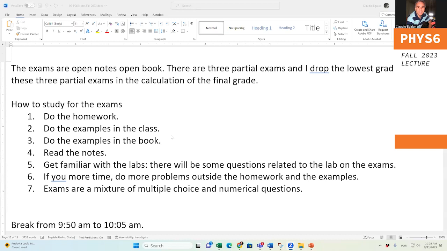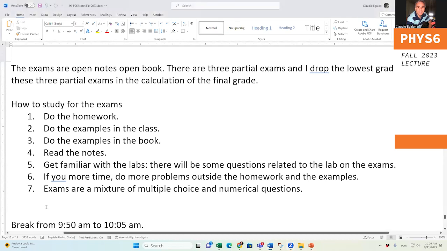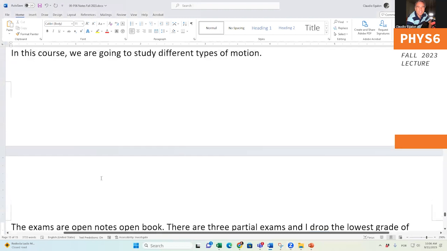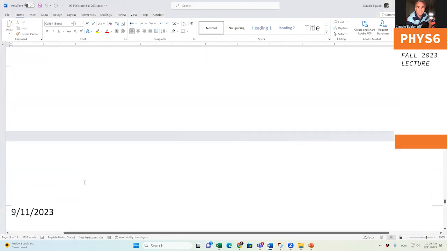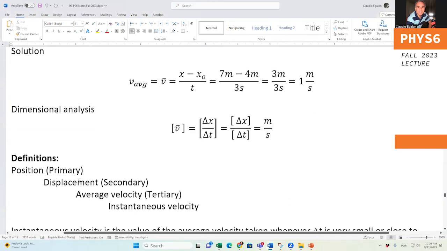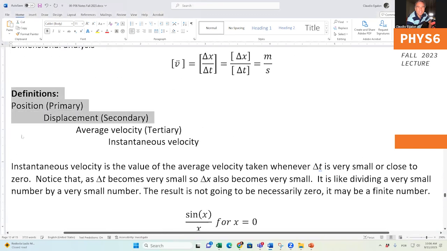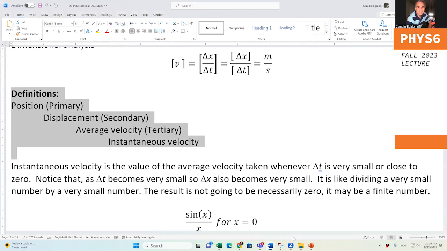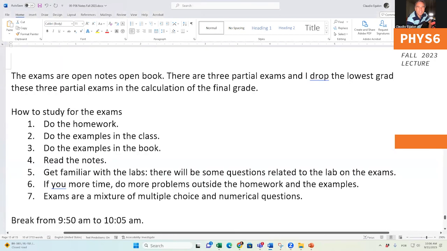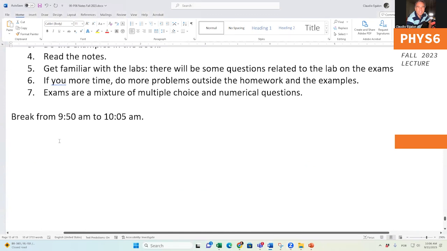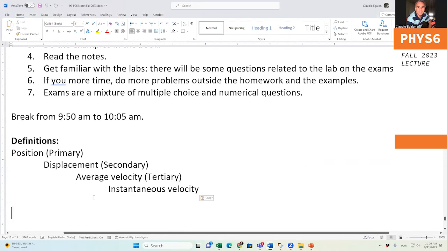Okay, I'm back here. And let's go back to our definitions we have so far, right? I didn't mention something. Those are definitions that we have covered so far.